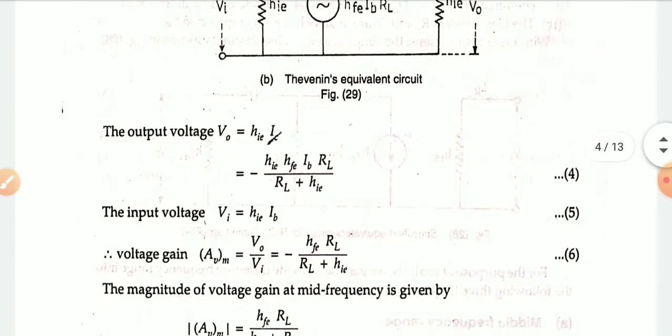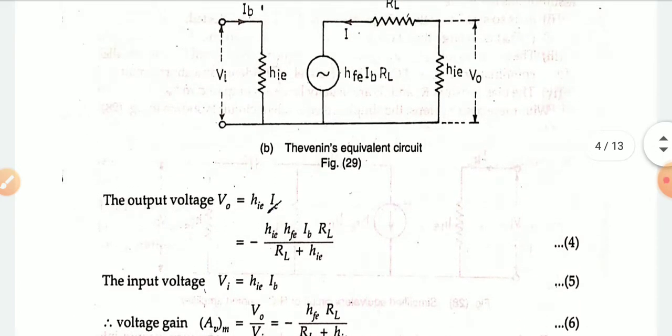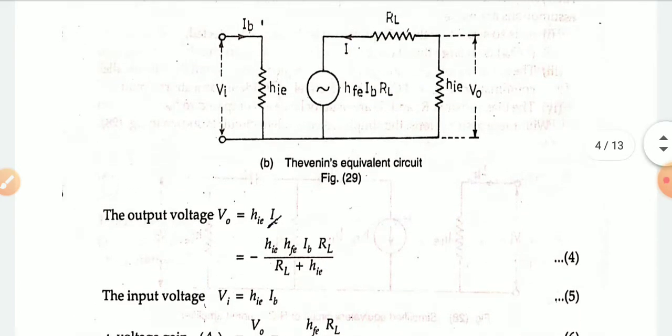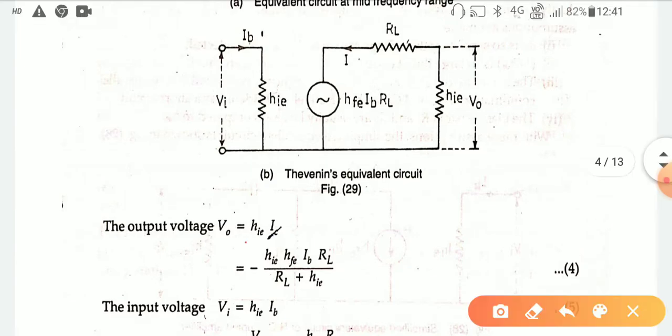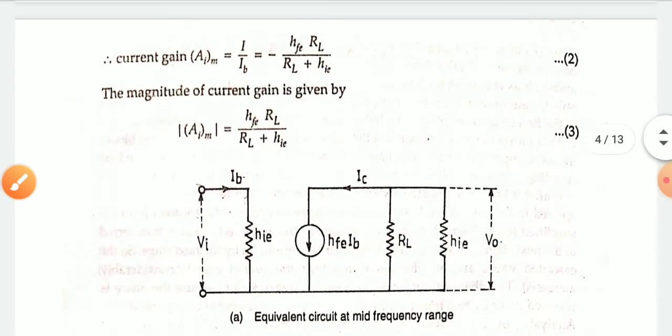Then you can get that expression, that is, V0 will be defined for that case, because I is defined from this KVL.